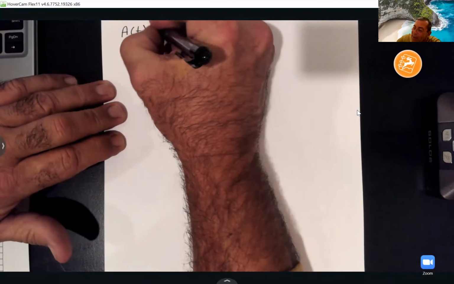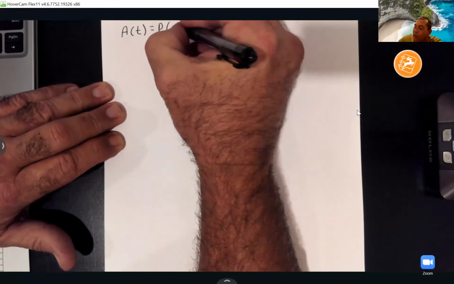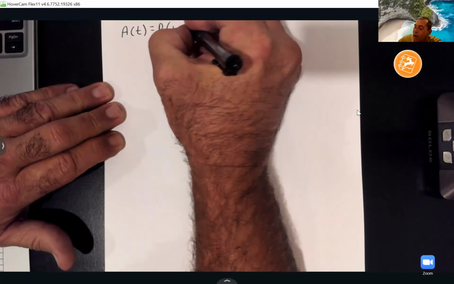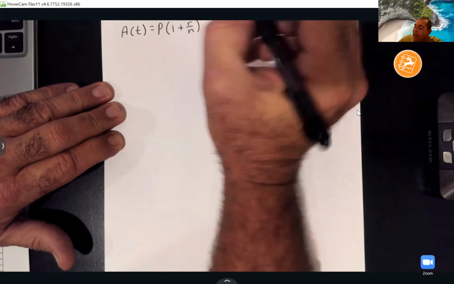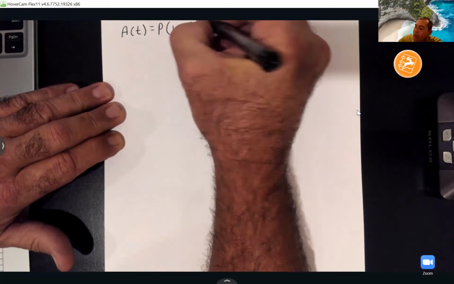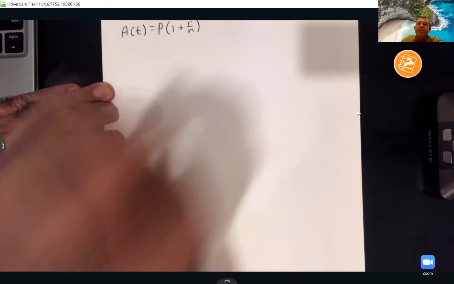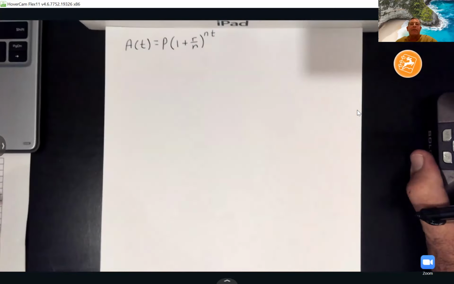This one has a P and then parentheses 1 plus R divided by N, all raised to the exponent N times T. Whoops, y'all can't even see all that. There you go.